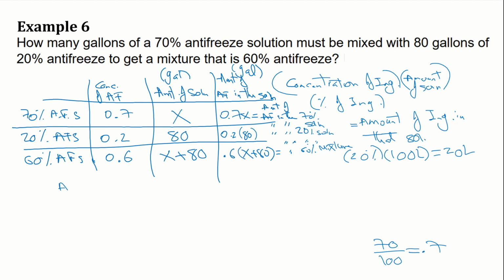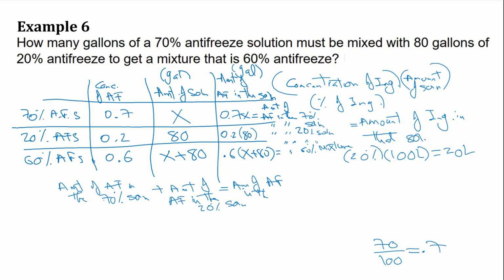We're just saying the amount of antifreeze in the 70% solution plus the amount of antifreeze in the 20% solution should equal the amount of antifreeze in the 60% mixture. Why?